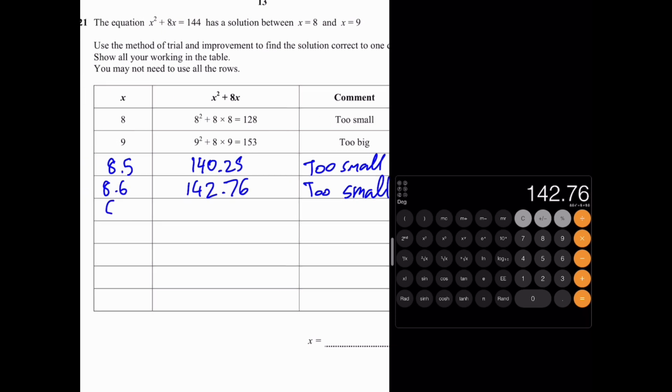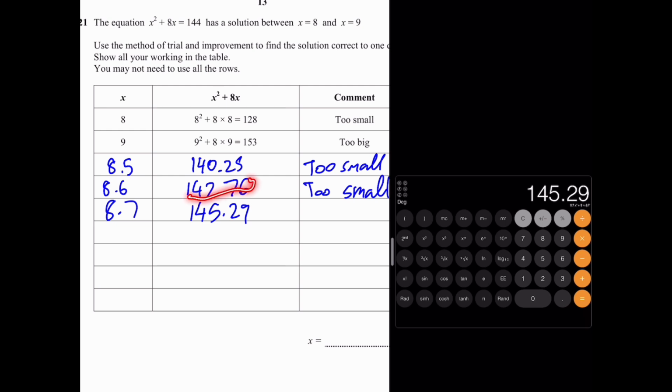And now 8.7, let's go. 8.7 squared plus 8 times 8.7, we get 145.29. So now we've crossed 144. We can see which one of these two is closer to 144.